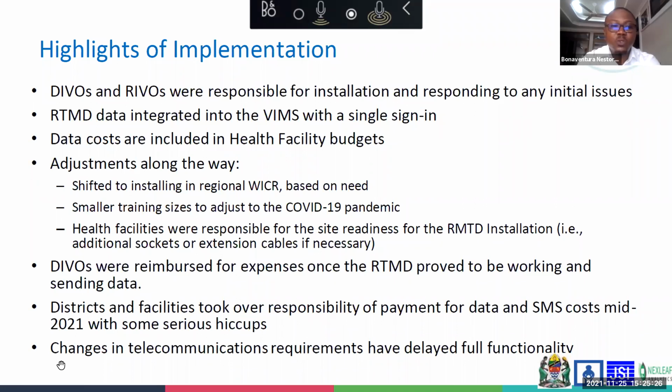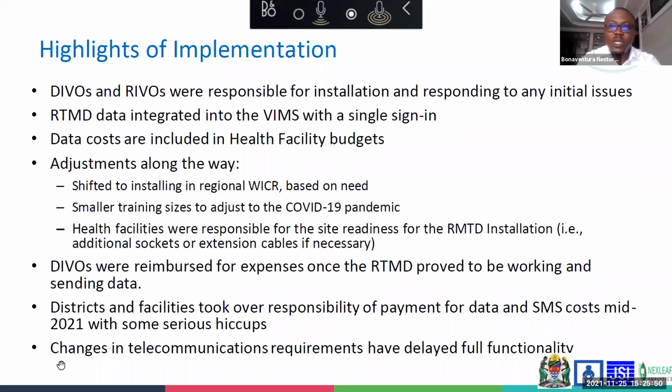For example, they had to buy sockets and extension cables where the RTMD had to be taken quite far from the existing socket. The DIVOs also had to be reimbursed after installation of the RTMD.